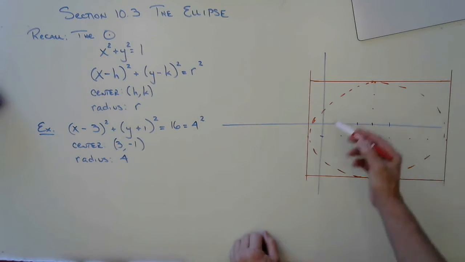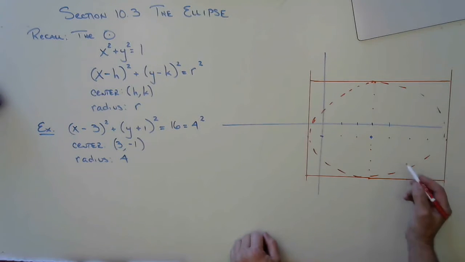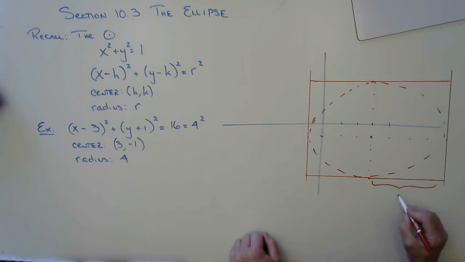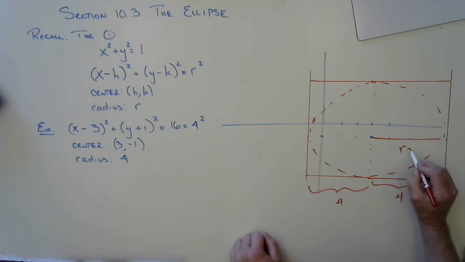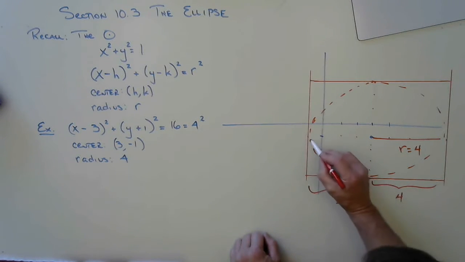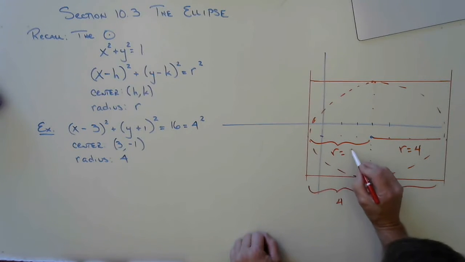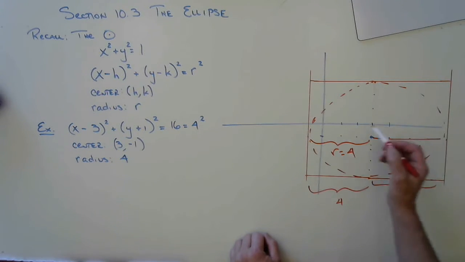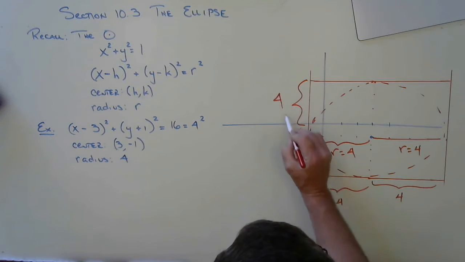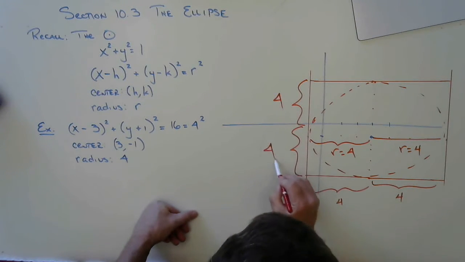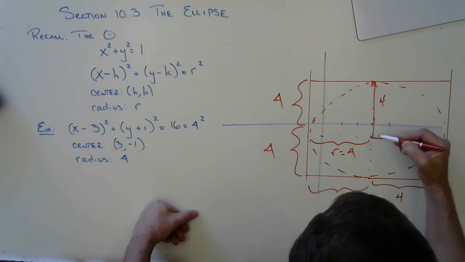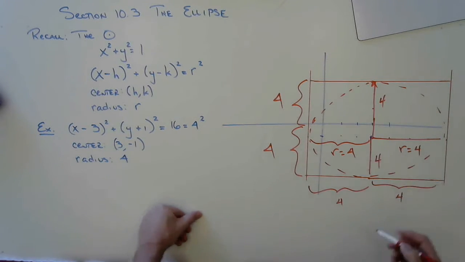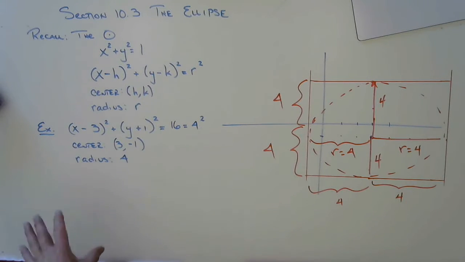But this box was 4 units this way and 4 units this way because the radius of our circle is 4. The radius of our circle is supposed to be 4, but my circle's terrible. This is how we learned to graph circles.